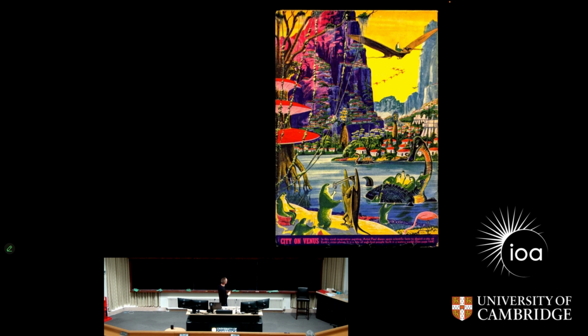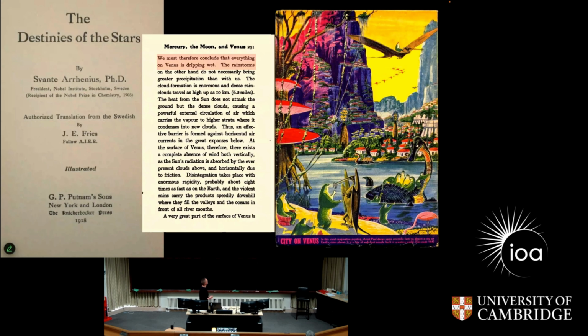They're having a chat about something down here, and this art was not some kind of crazy imaginings. It was supported by serious scientific thought about what Venus was like. So there's this text, The Destinies of the Stars by Arrhenius, which says of Venus, we must therefore conclude that everything on Venus is dripping wet. So there was credible scientific thought in support of Venus being a kind of swampy world.